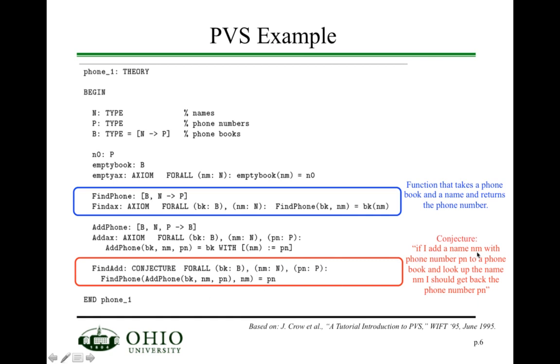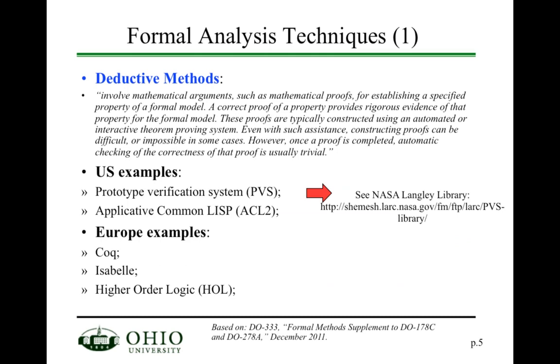If I add a name NM with phone number PN to a phone book and look up the name, I should get back the phone number PN. Now you can use your tool to find out if that really works. Of course, this is a very simple example, and if you're really interested in PVS or any other deductive method, I definitely recommend you take a look at some of these examples.